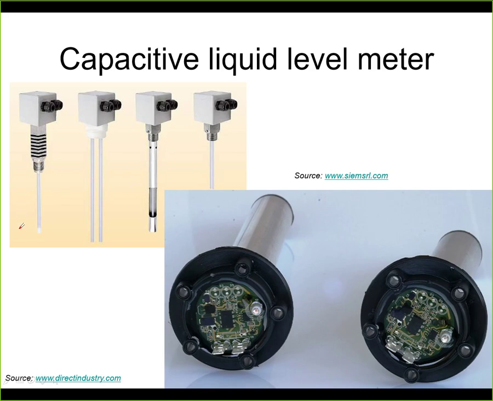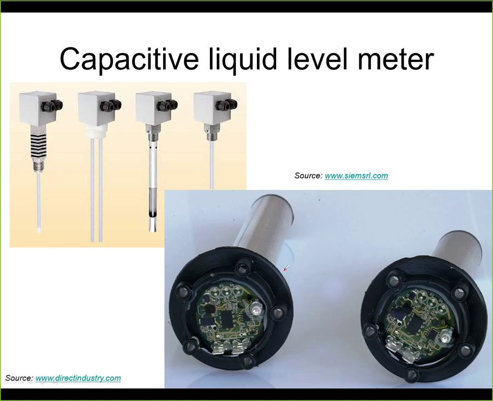And this kind of sensor will use the tank walls as the second electrode. So here this will be the mounting. This is one electrode, and the other electrode will be the tank itself. So it requires that you have a conductive tank made from some stainless steel, from aluminium, or some conductive material.